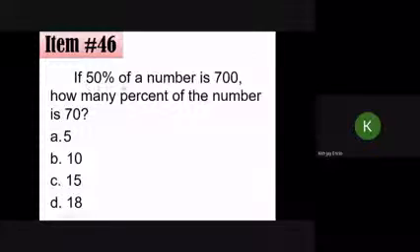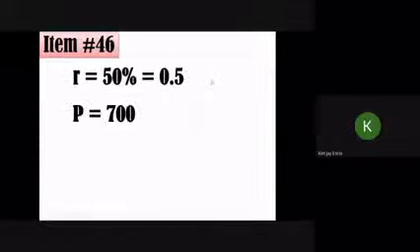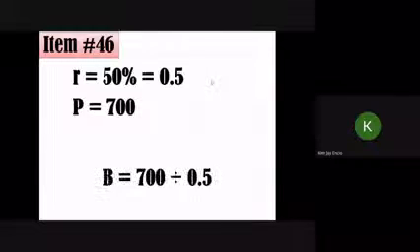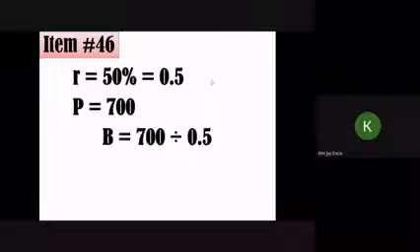If 50% of a number is 700, that's your rate, and your P is your 700 because of the "is 700". So the same thing earlier, looking for the base, it's your percentage divided by your rate. So the base is equal to 1,400.